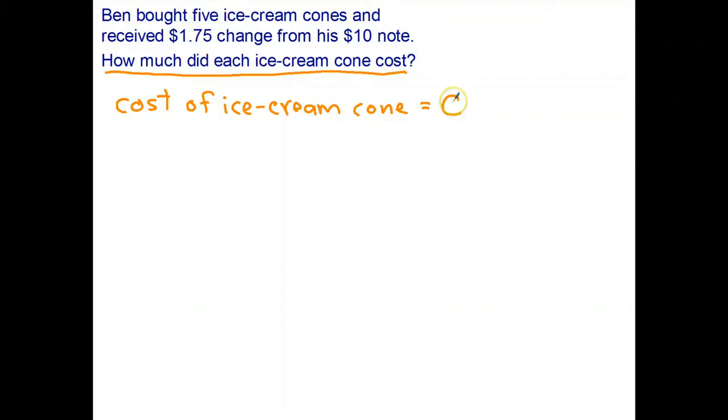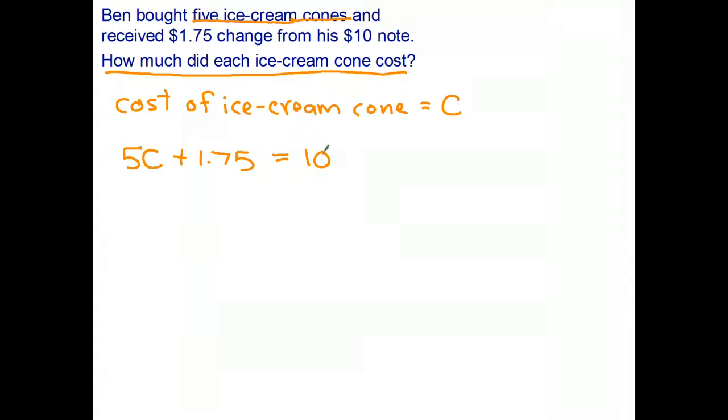If the cost of one ice cream cone is C dollars, then the cost of 5 ice cream cones is going to be 5C. Now that plus the $1.75 that he received in change must add up to $10.